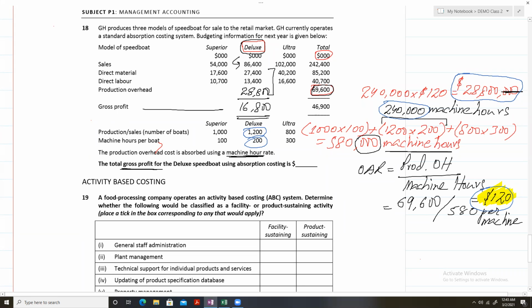So once we determined the production overheads for the deluxe speedboat, we simply subtracted these three figures from the sales revenue to get the gross profit.